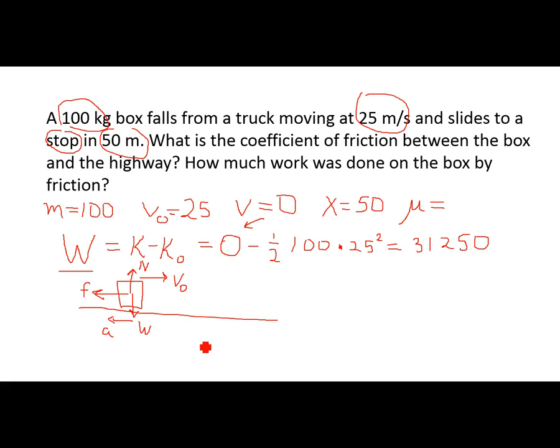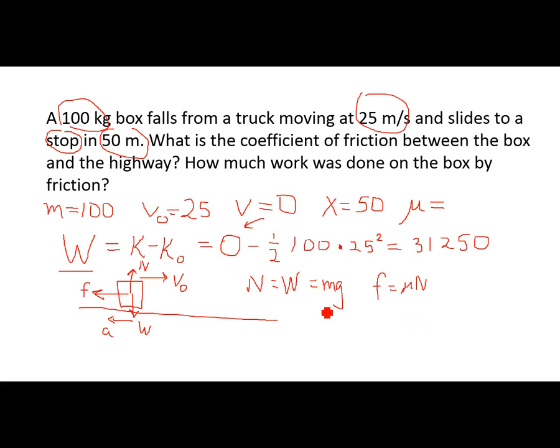So the only force that is acting to slow the box down is friction. So the work will be done by friction to slow the box down. We know that in the case of a level surface, the normal force is equal to the weight, right? Equal to mg. Okay, and friction is defined as mu times the normal force, right?